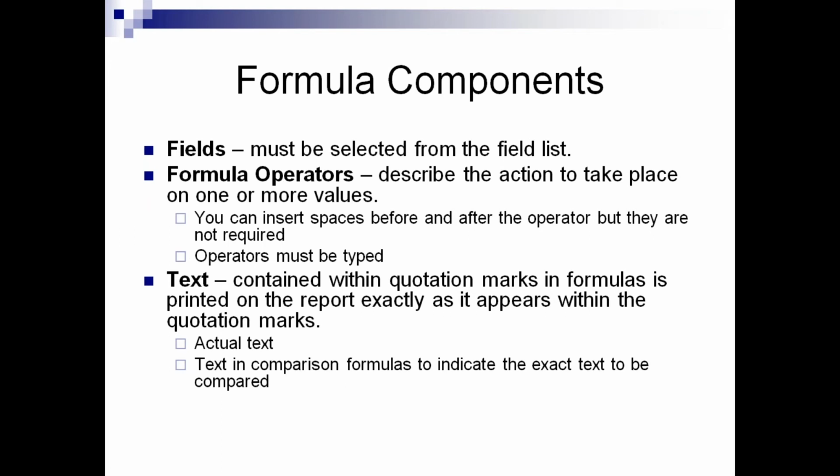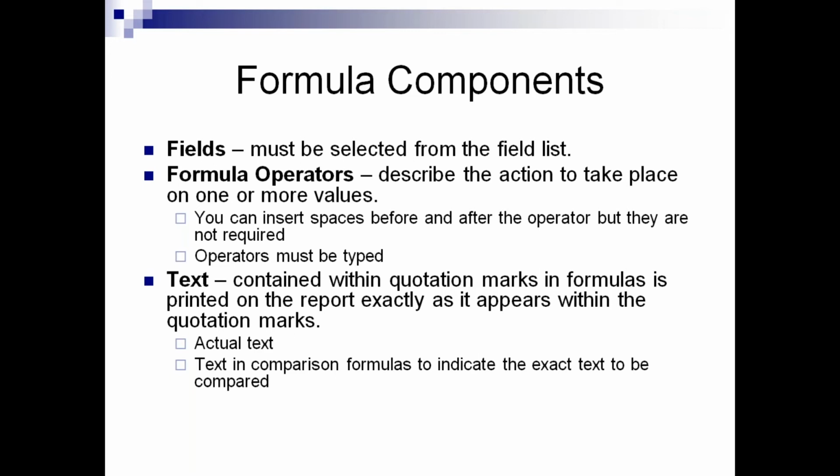All right, this is on page 2 of the handout. We talked about the types. Now I want to talk about the components of a formula. So when we're in the design stage here and we're setting a formula up, when you need to add fields to the formula, you have to double-click on them from the field list.